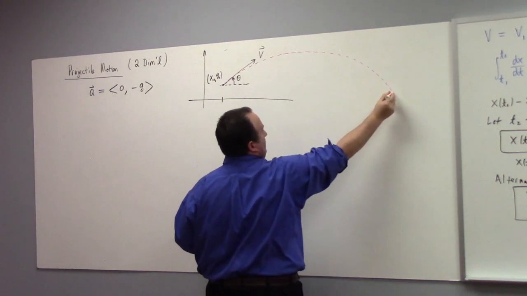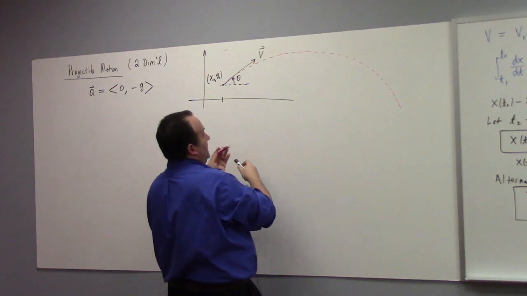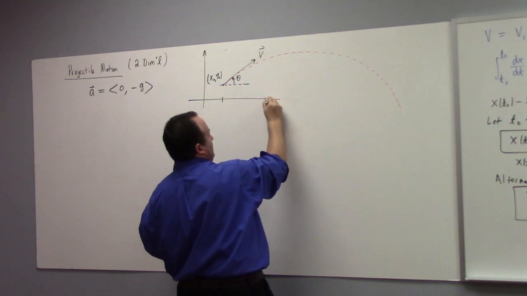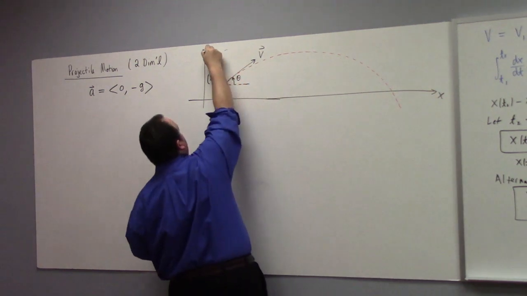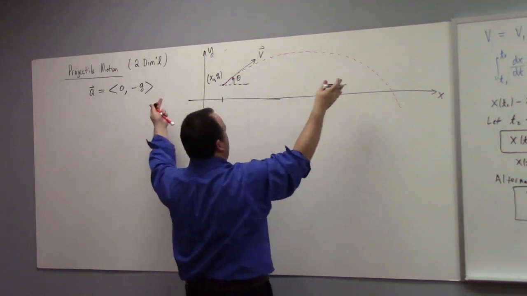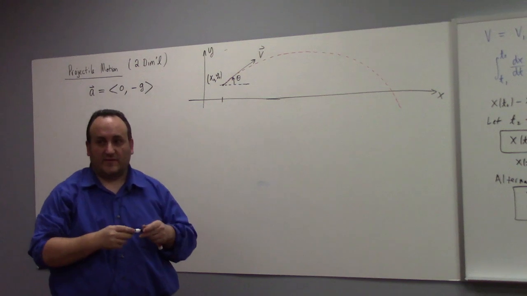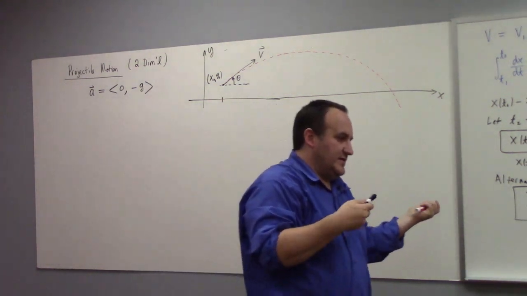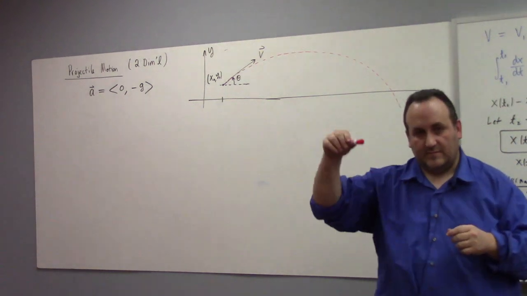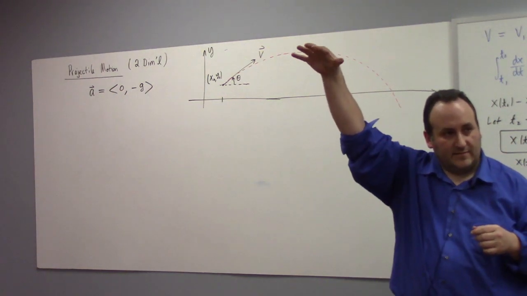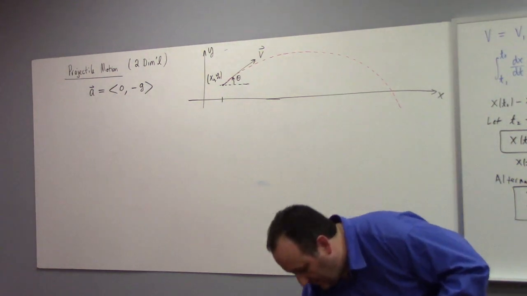We ignore air friction, yeah? And then we can ask interesting questions like, how far did it go? So here's x, here's y. We're assuming that the motion of the projectile is in the xy plane, and we're assuming that, because we've done experiments before, the acceleration is constant, 9.8 meters per second squared downward, like that, right?